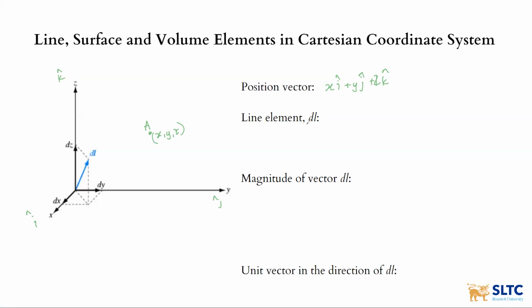And then the line element. Line element is the dL vector. And as I defined earlier, the dL vector can be defined using dx, dy, and dz components, right? So the dL vector we can write as dx i hat plus dy j hat plus dz k hat. And what is the magnitude of the dL vector?